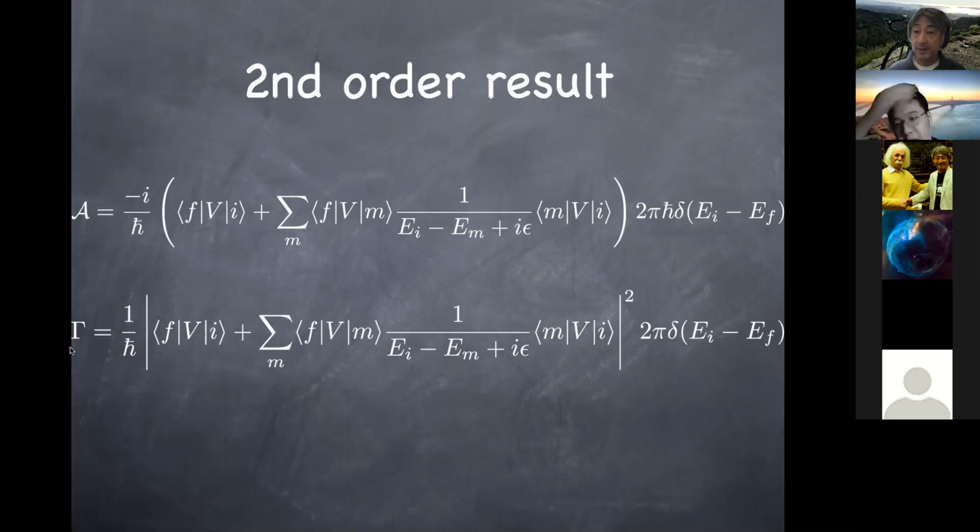Yeah. But my question is that you have a 1 over h bar in the expression of A, and you also have another h bar at the very end of the expression. But then because there's an h bar in the delta function, you square this, you get 1 over h bar squared.